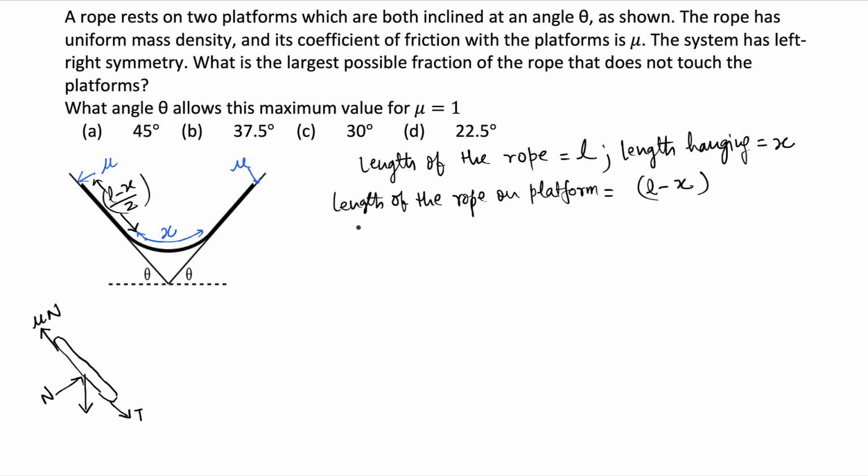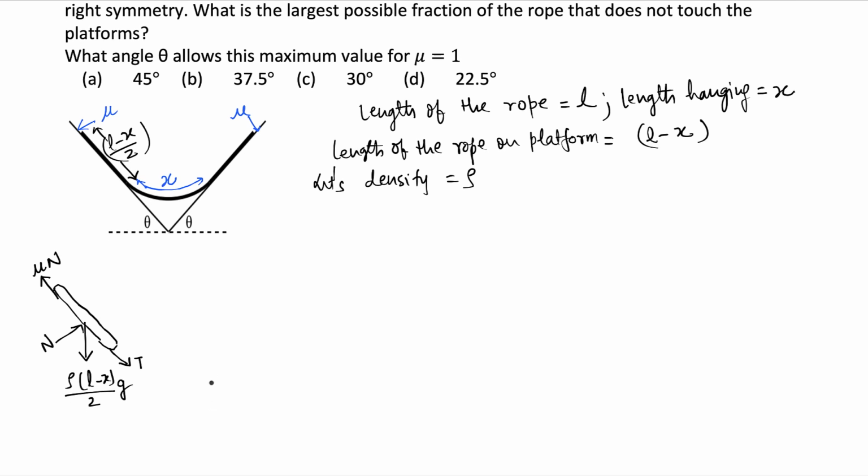Okay, so let's assume that the density of the rope is rho. So this weight that is acting downwards is nothing but rho (L minus X) by 2 into g. You get that, right? Because the total length on the platform is L minus X, so each side has (L minus X) by 2. Okay, so let's choose this axis as X and this one as Y. So we know that Fx is 0 because it's not moving.